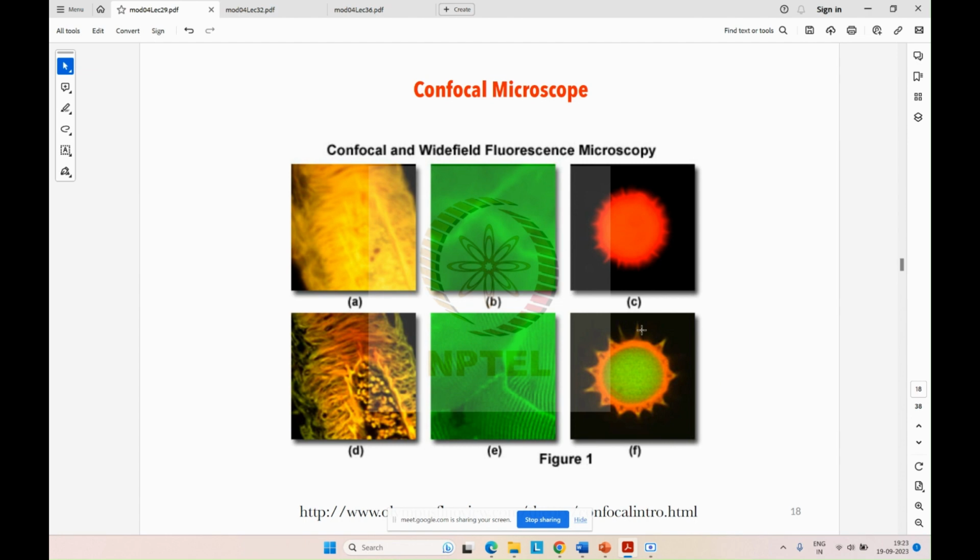Suppose you have a sample that is say 5 microns in thickness. What you want is to focus on one layer of the sample at a time, and that way you can ignore the fluorescence coming from the other layers, and this helps you get a more 3D picture of how your sample looks.